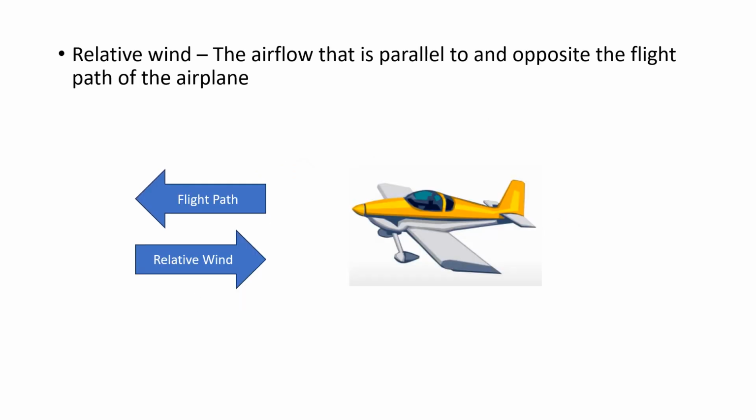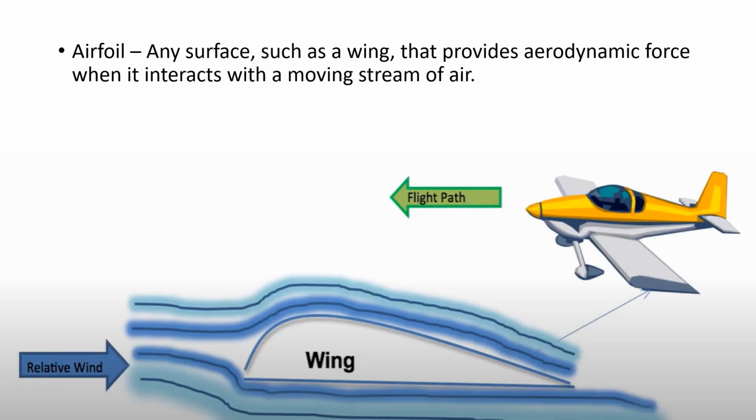Here we will define a very important concept, that is relative wind. The relative wind is simply the airflow that is parallel and opposite to the flight path of the airplane. An airfoil is any surface, such as a wing, that provides aerodynamic force when it interacts with a moving stream of air.